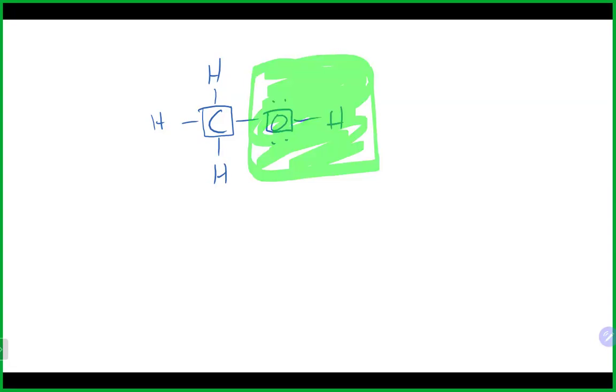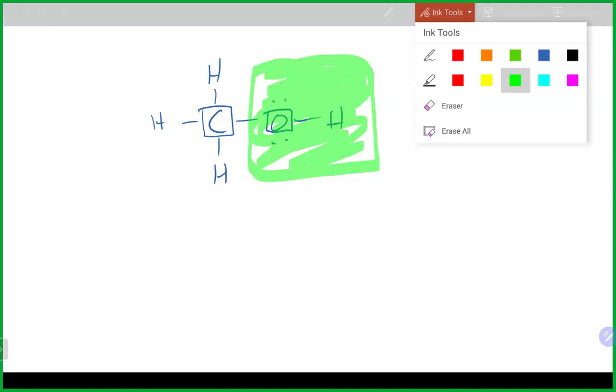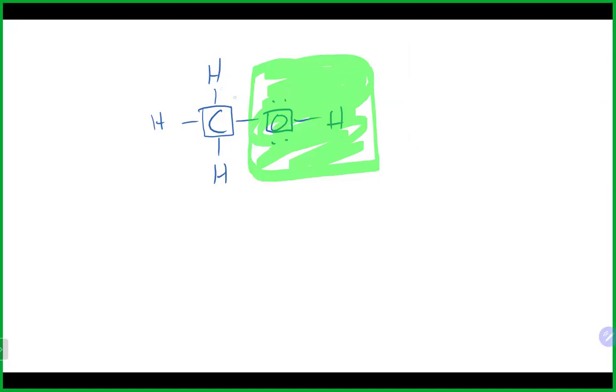The only thing that we would worry about when we're doing the geometry in a situation like this is this bond would still count for the carbon as well. So now when we look at this carbon here, the number of electron pairs is 4. It has 1, 2, 3, and 4. And that means its electron geometry is tetrahedral.